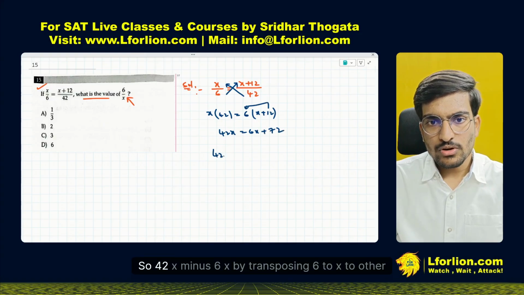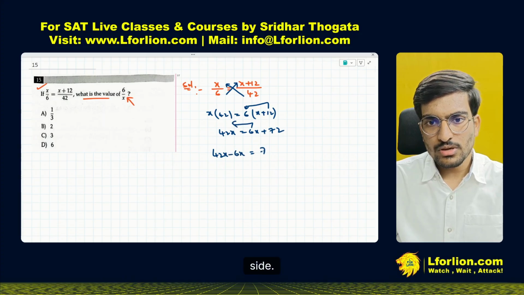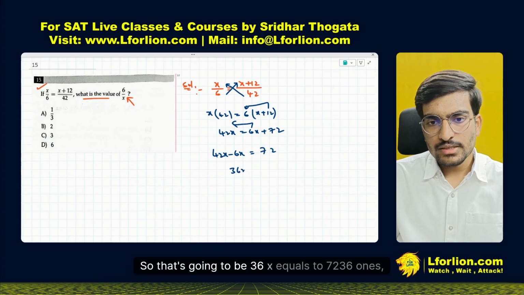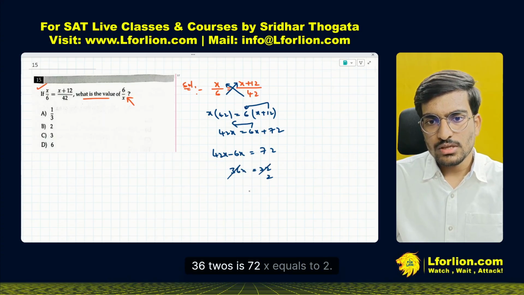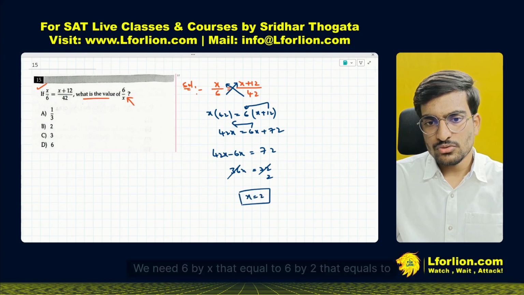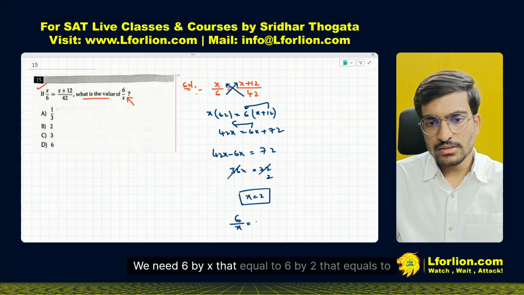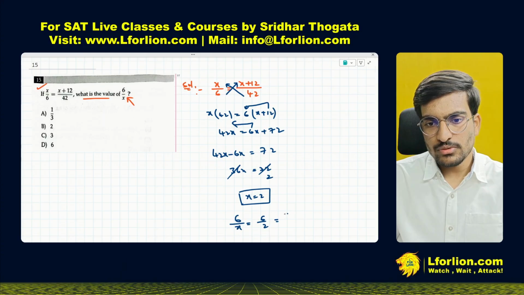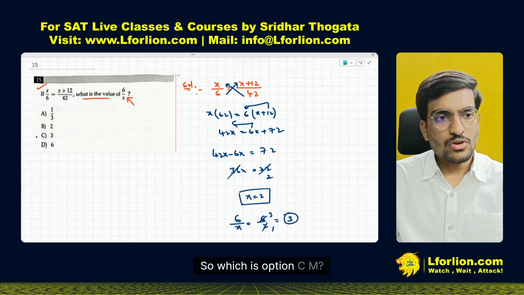So 42x minus 6x, by transposing 6x to the other side, that's going to be 36x equals 72. 36 ones are 36, 36 twos are 72. x equals 2. We need 6 by x, that equals 6 by 2, which equals 3. So which is option C.